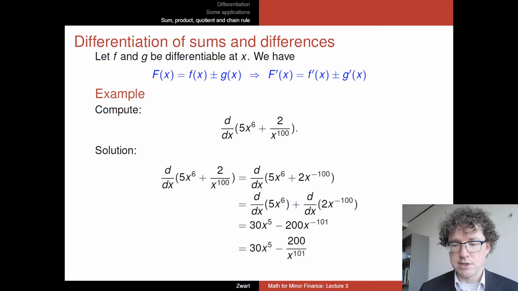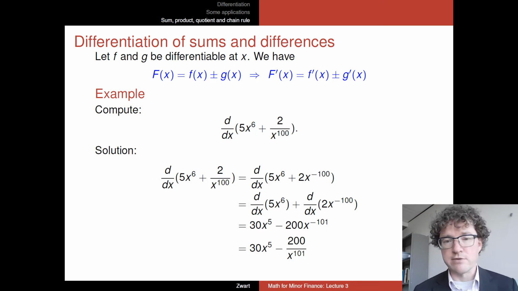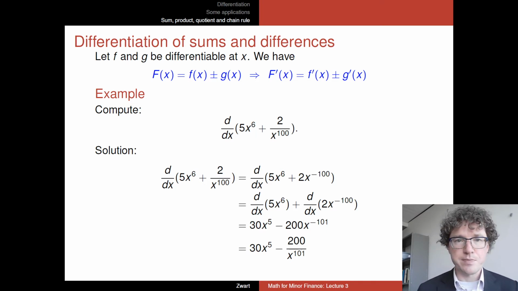So that is an optional final step. That's what happens with sums and also with differences of functions. Just look at the two separate components and take the derivatives of each of these components.